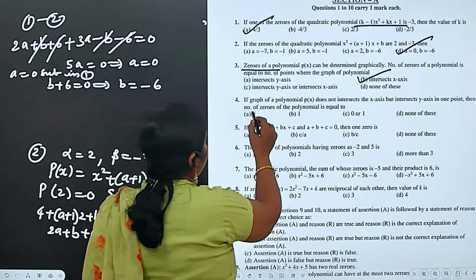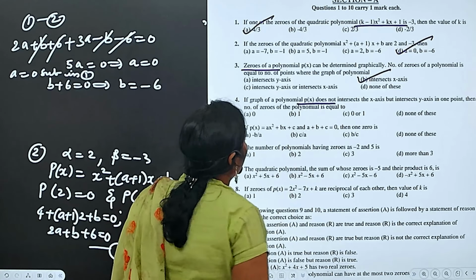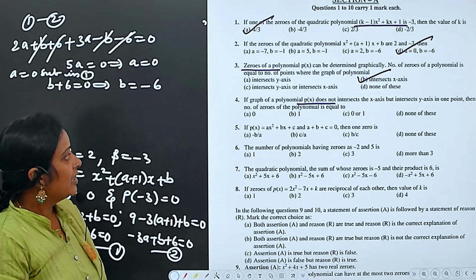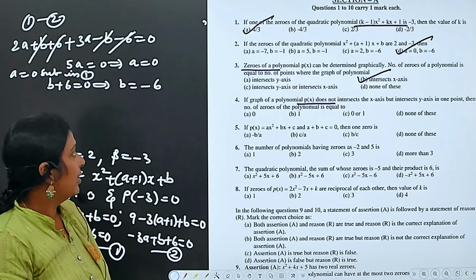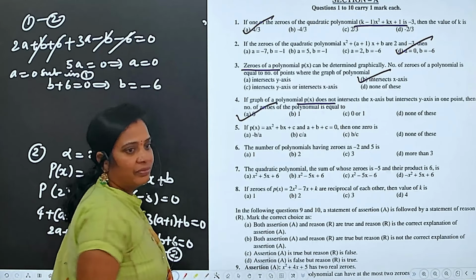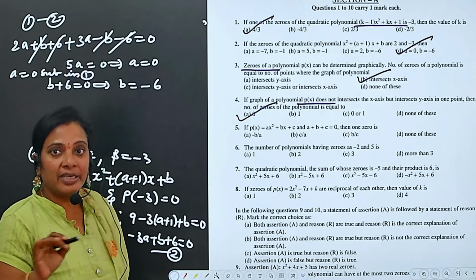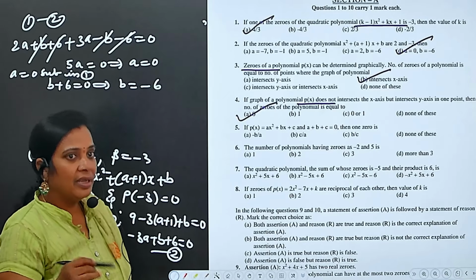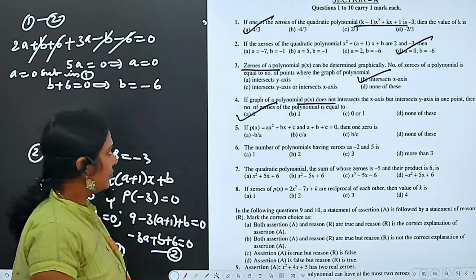Next, if the graph of the polynomial P of x does not intersect the x-axis but intersects the y-axis at 1 point, the number of zeros of the polynomial is equal to 0. Does not intersect the x-axis అంటే x-axis ని intersect చేయట్లేదు అంటే zeros అనేటివి 0.